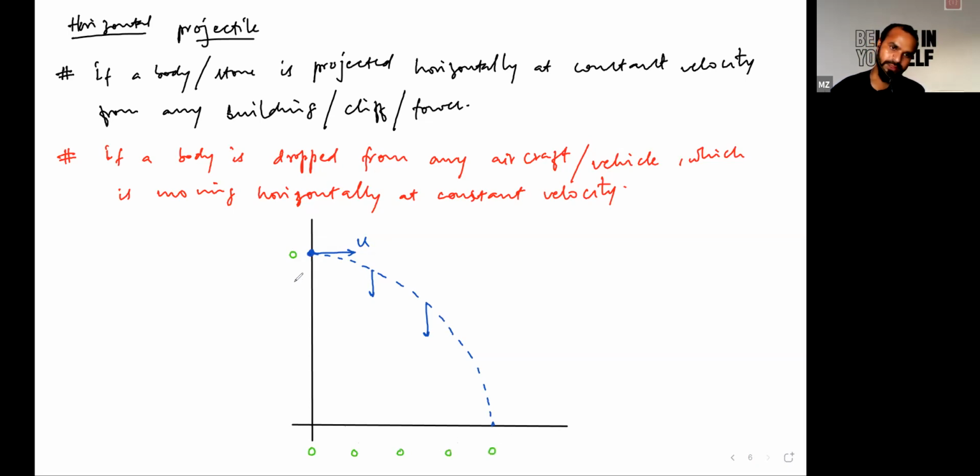Similarly, going downward, it will be at this point, then this point, and finally it will reach the ground at this point. This is along the vertical direction due to gravity, and this is along the horizontal direction due to its horizontal component of velocity. On combination of these two, it is called horizontal projectile motion. Is it clear?